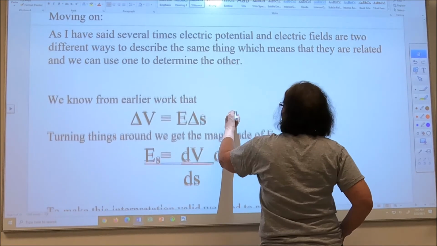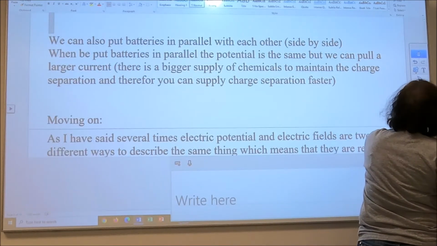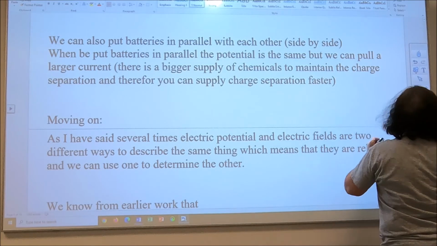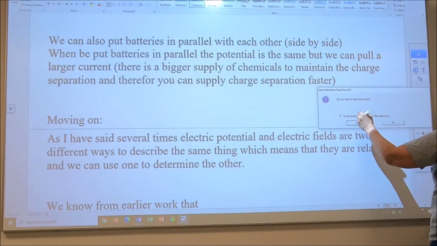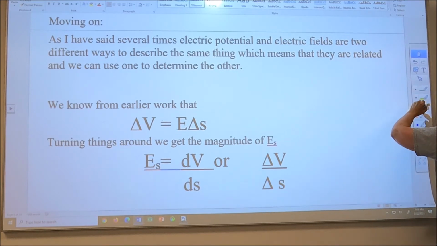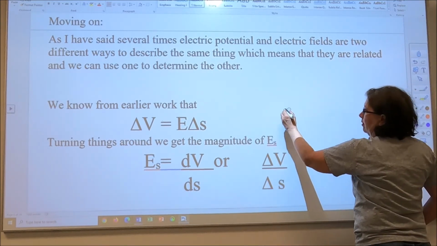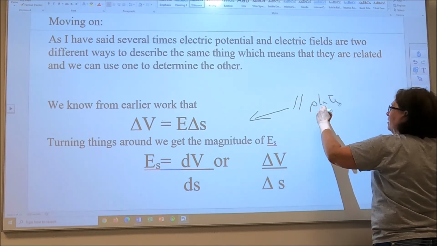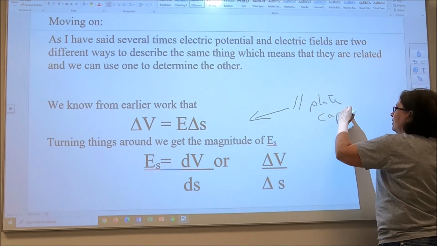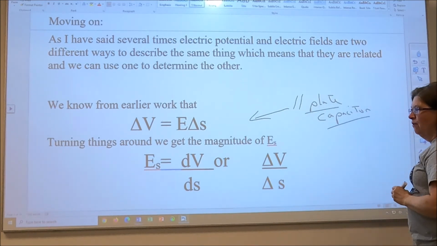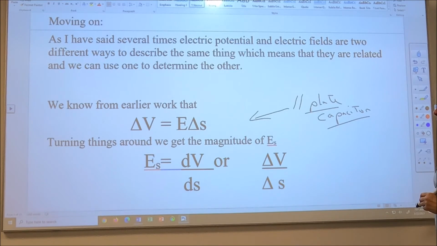So this is for a parallel plate capacitor.